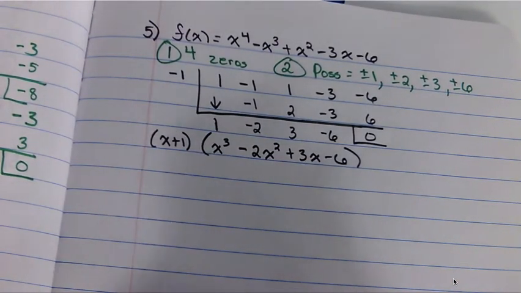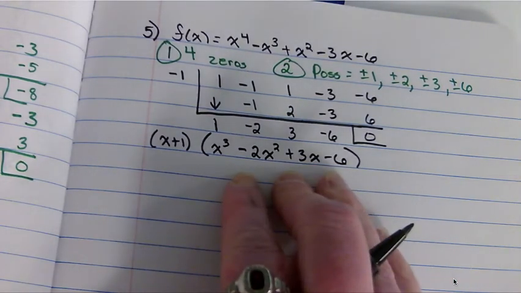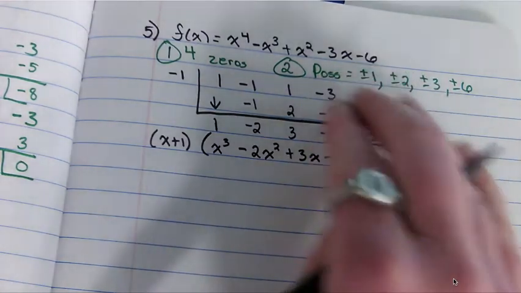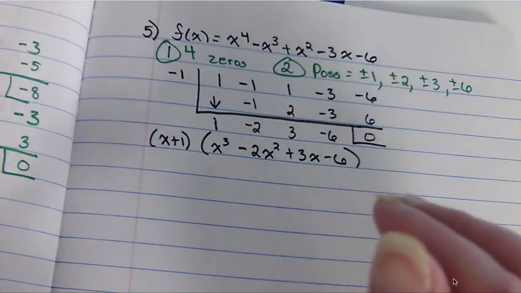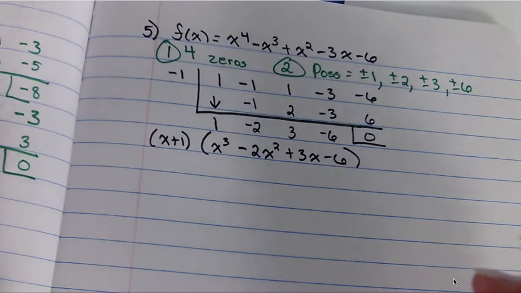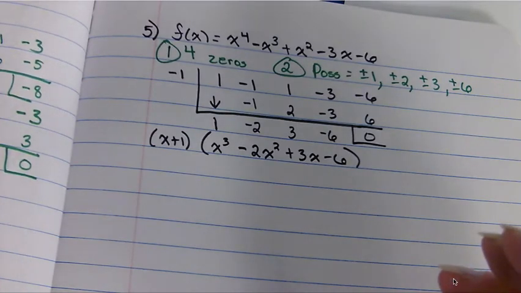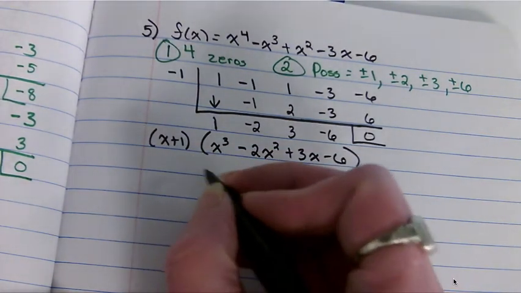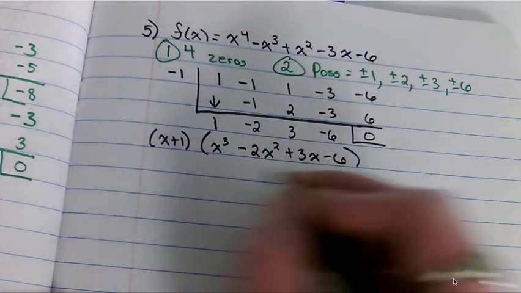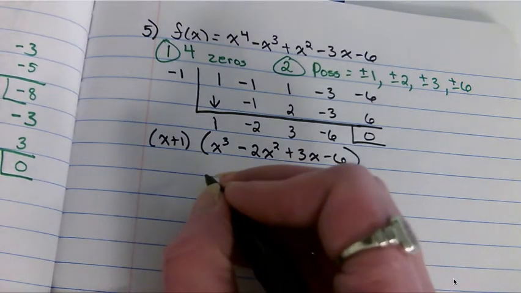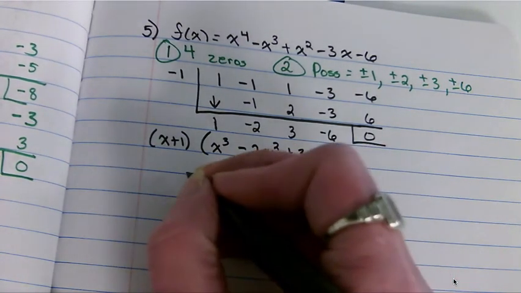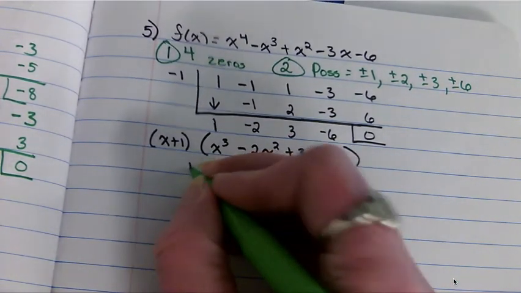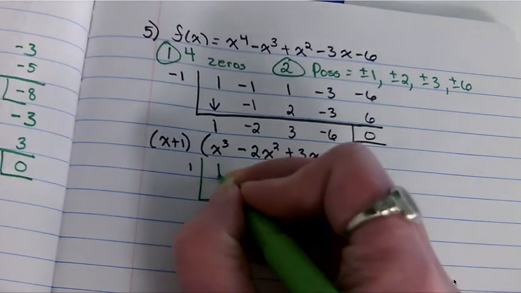So what I can do now is take what's left and start going with the other possible factors till I break it down even further. Let's see. Since that is negative, let's go back in line. Let's just do it in order. So I'm going to take 1 and go into what's left.